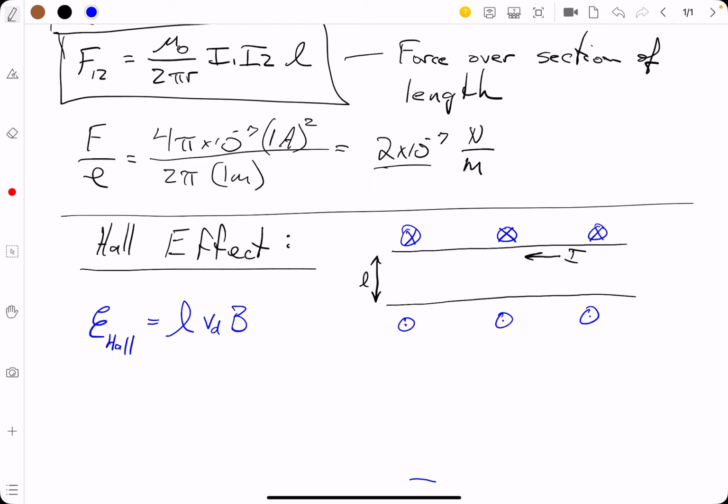I ruined my picture. Oh, this is an external B field. It's external. It's the current flowing through an external B field.